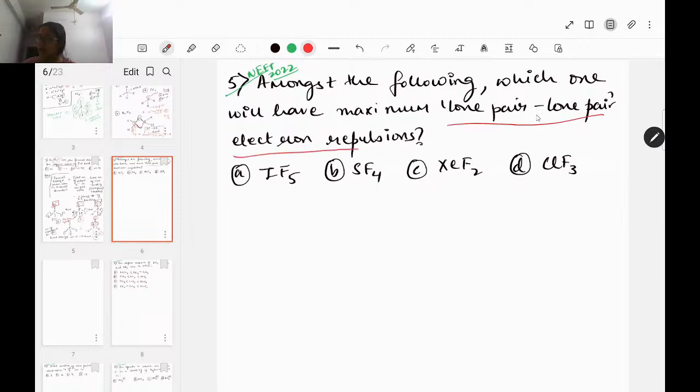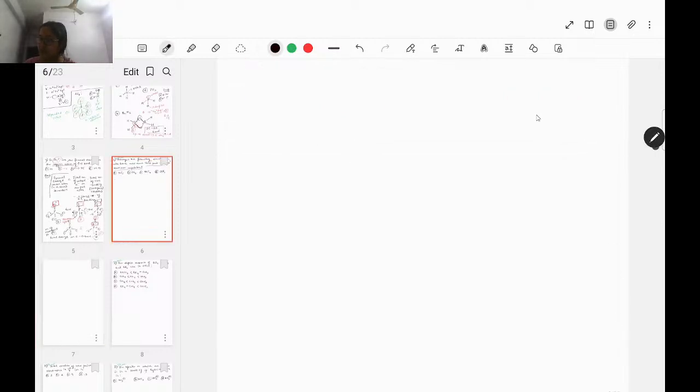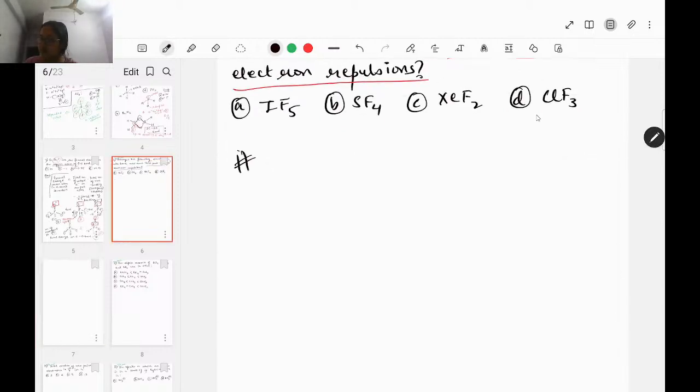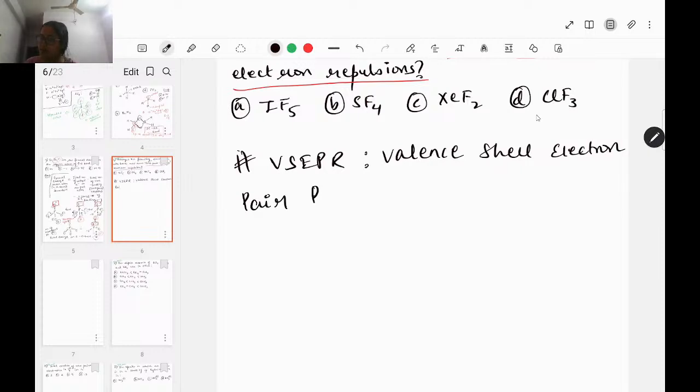This word comes from a very famous theory known as VSEPR theory. What is the full form of this theory? Valence shell electron pair repulsion theory.